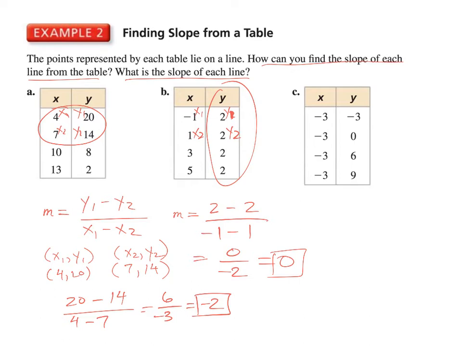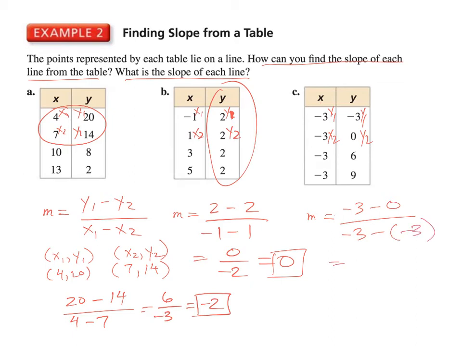Part C now. Notice that none of the x values change. You should know how to graph something like this, and based on the graph, you should be able to tell what the slope is, but let's do it mathematically. Plug in our values: y1 is -3, minus y2 is 0, and x1 is -3, minus x2, which is -3.